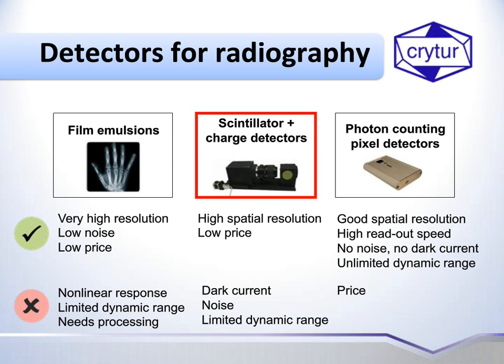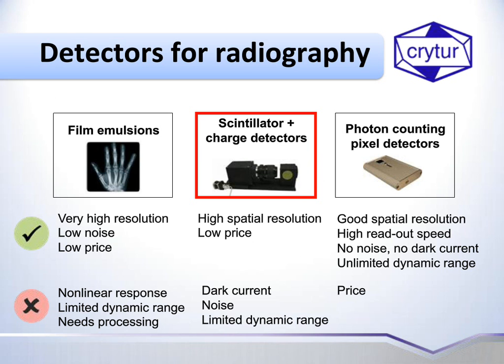The first method would be scintillator and charge integration detectors, such as a CCD camera or CMOS camera coupled to a scintillator. This would provide high spatial resolution, also for a low price, but some disadvantages would be dark current, noise, and limited dynamic range.